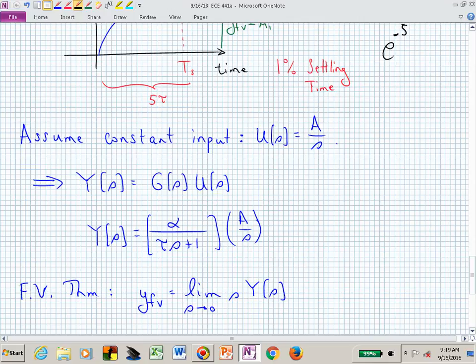It tells you, in the time domain, as you reach your final value, in this case the limit as t goes to infinity of y of t, we can find that by looking at the frequency domain version, capital Y of S, and that's the limit as S goes to 0 of S Y of S. What do we know in this final value expression if somebody gives you that picture above?